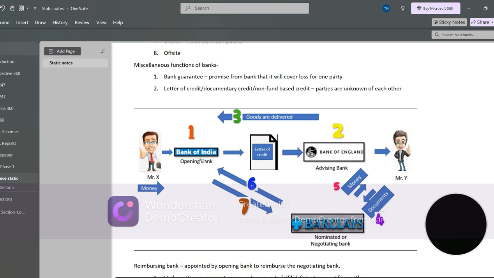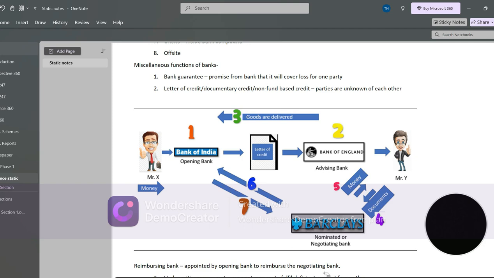What Bank of India does is, Bank of India gives a letter of credit to Bank of England, which is the advising bank, from Mr. X. Now Mr. Y will provide this bank letter of credit to the nominating or negotiating bank, and the negotiating bank will provide the money to Mr. Y. And then the negotiating bank, having this letter of credit, will go to the opening bank, and then the opening bank will give the money on the date of return to the negotiating bank.